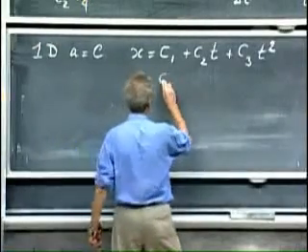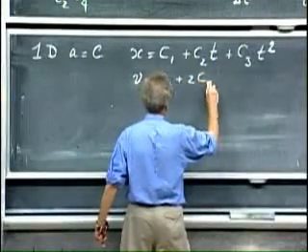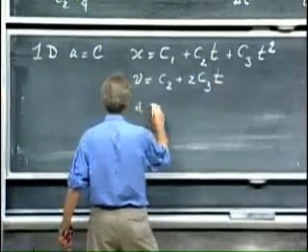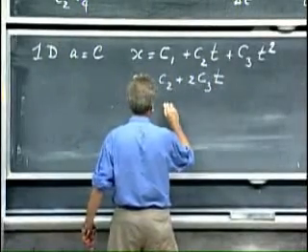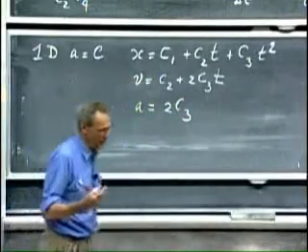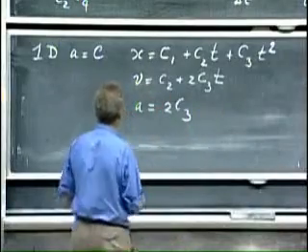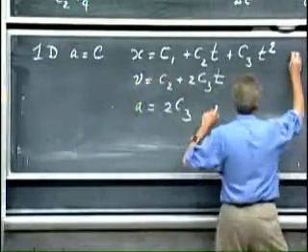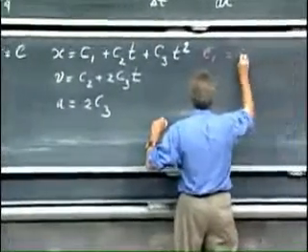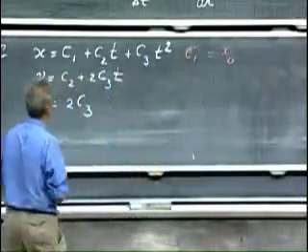And so I get c2 plus 2c3 times t. And then I get the acceleration equals 2c3. And now we get some insight into these quantities. Clearly, c1 is the position of x at time t equals 0, for which we often write an x0.